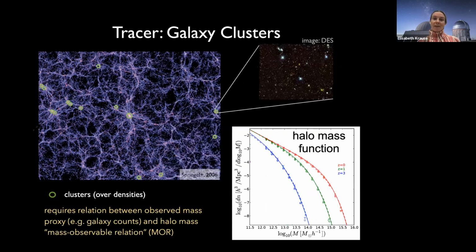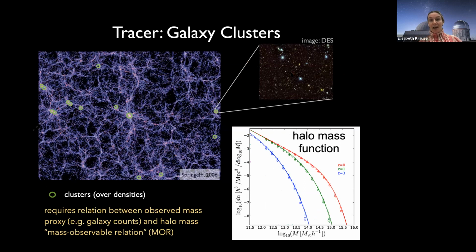A complementary measurement is galaxy clusters, where we set out to identify the biggest associations of galaxies, or overdensities, in the universe today. In the case of an imaging survey, that means that we will aim to identify which of these red galaxies here belong to a cluster.